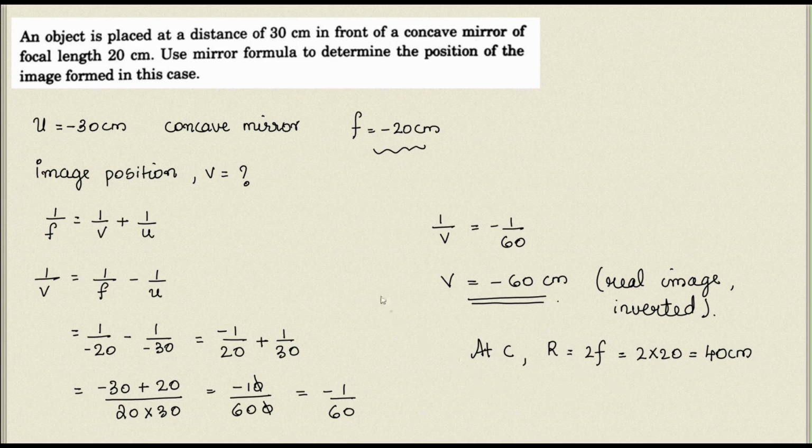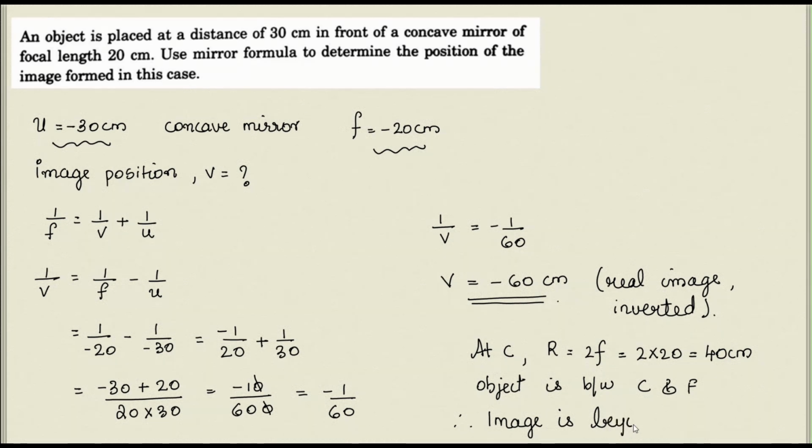So as the object distance is 30 centimeter, we can say that the object is kept between the center of curvature and the focus, right? Therefore, we can say the image is formed beyond C. If the object is between C and F, the image will be formed beyond C. That's what we have learned, and its value is minus 60 centimeter.